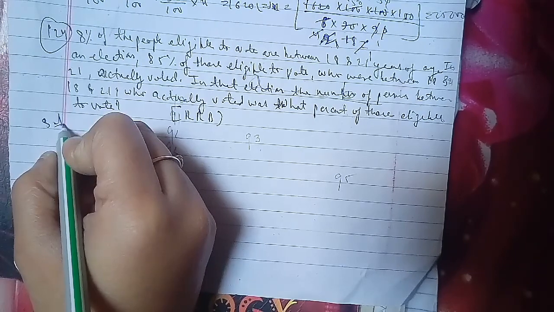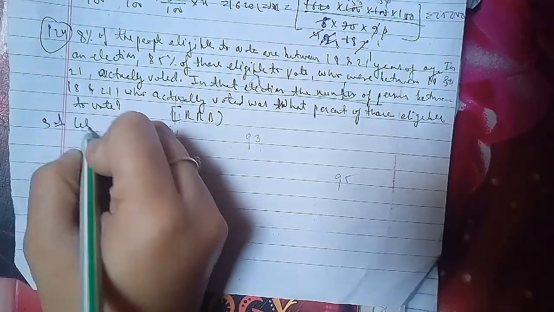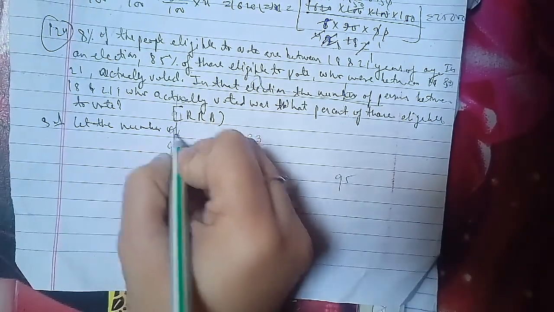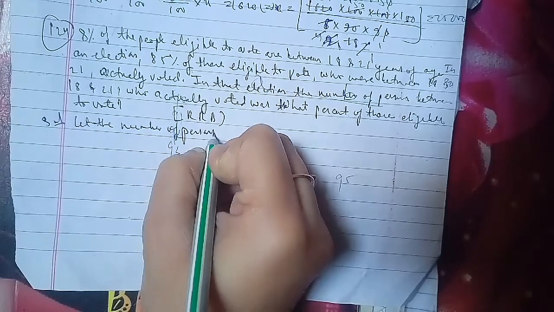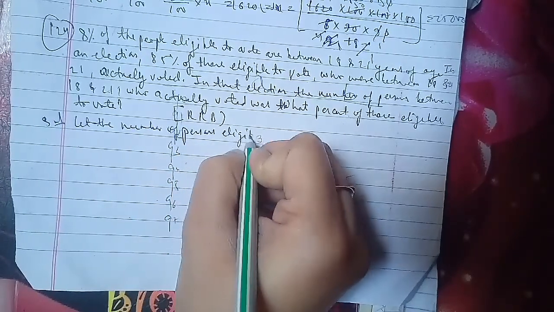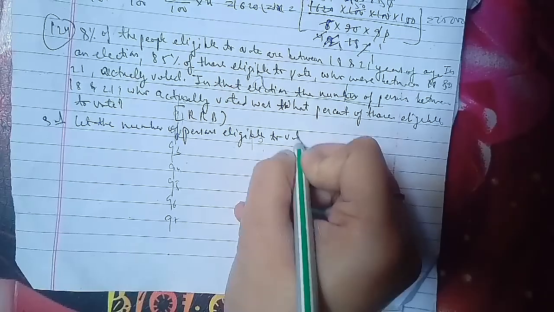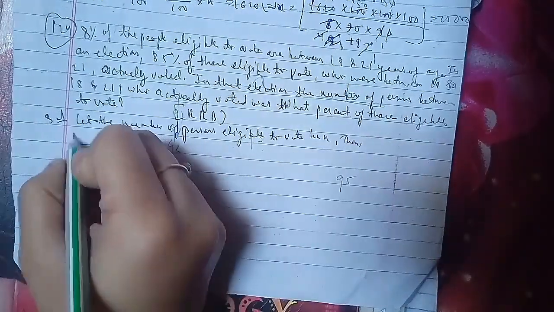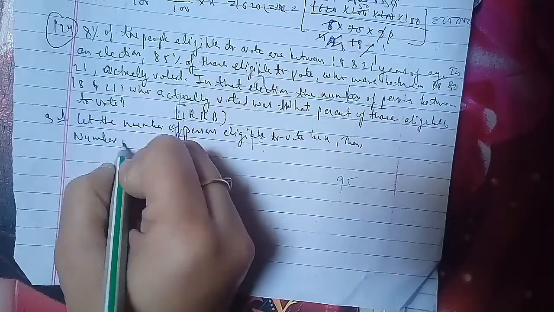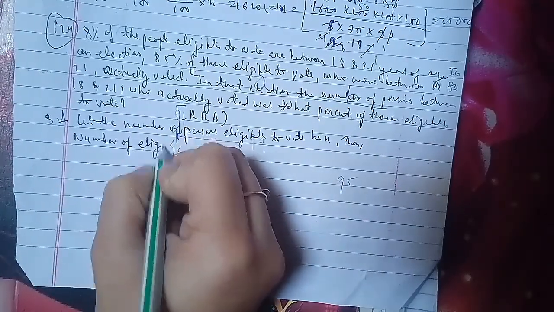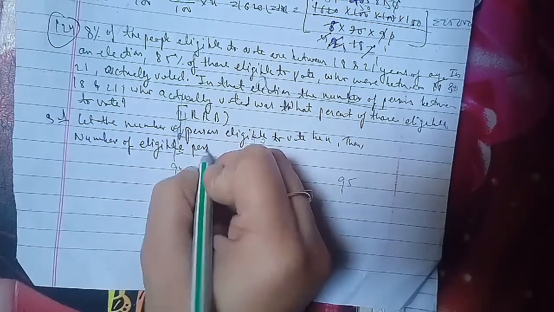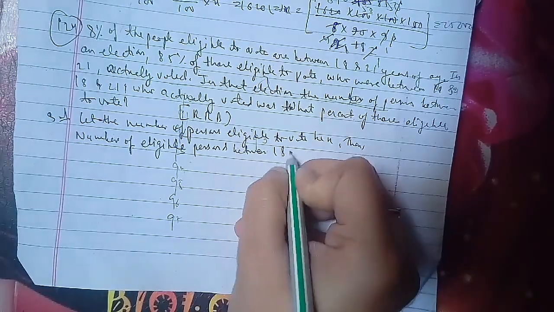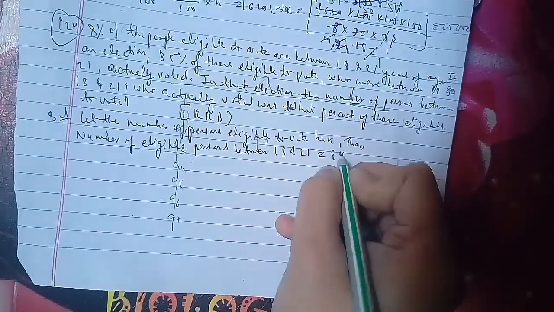As I told you, let the number of persons eligible to vote be x. Then the number of eligible persons between 18 and 21 equals 8% of x.